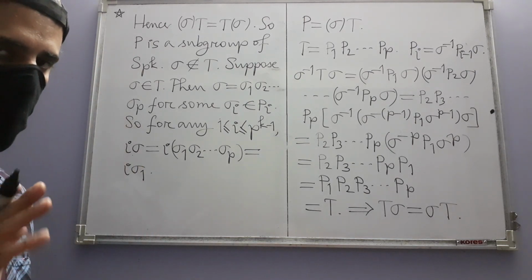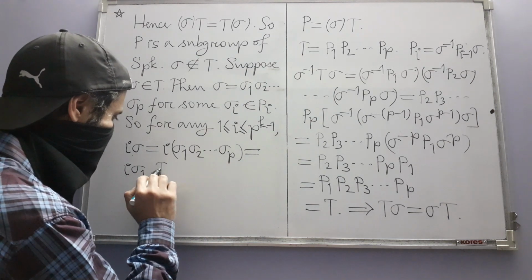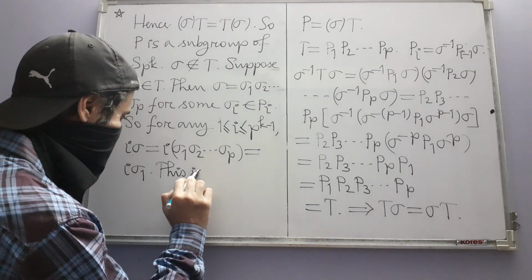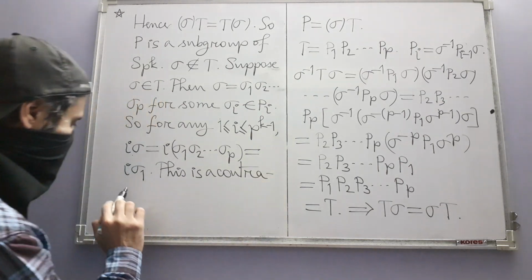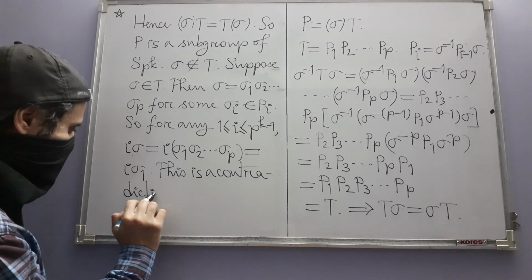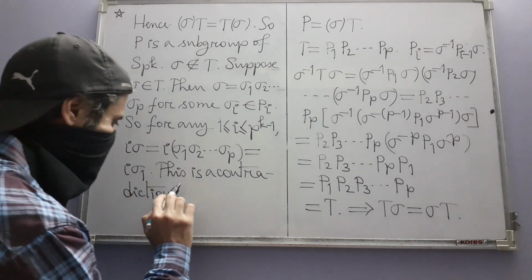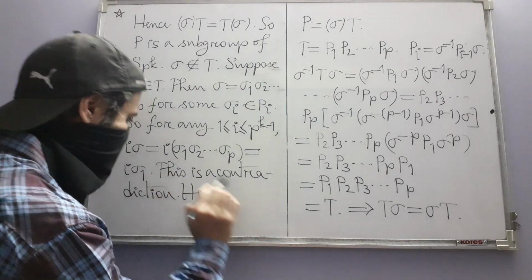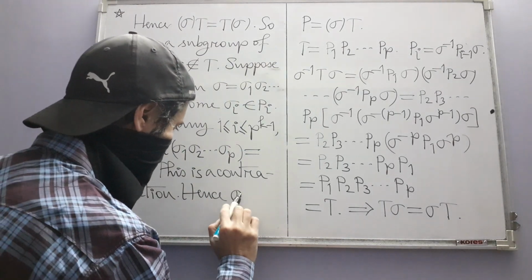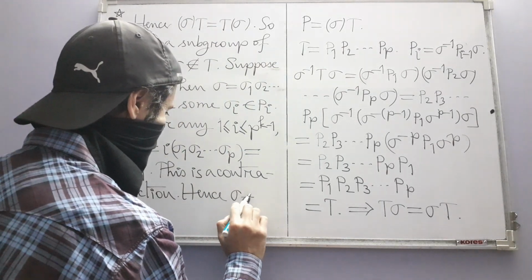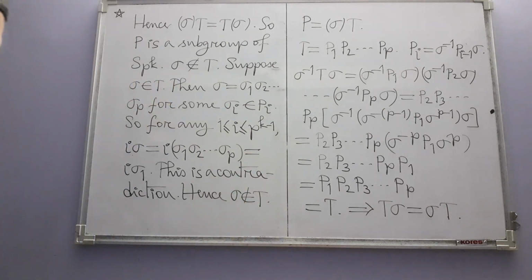Sigma does not fix any element. So that is why this is a contradiction. Hence, our supposition is wrong. That is, sigma cannot be in T. In other words, sigma is not in T.